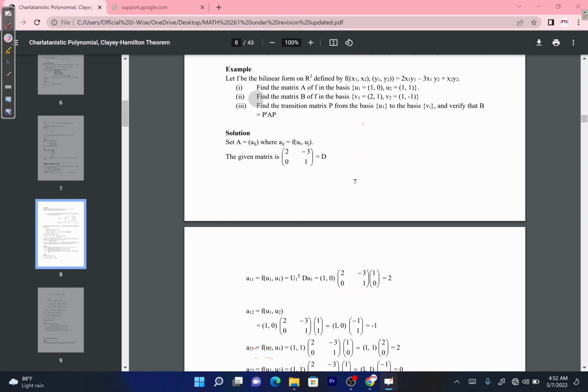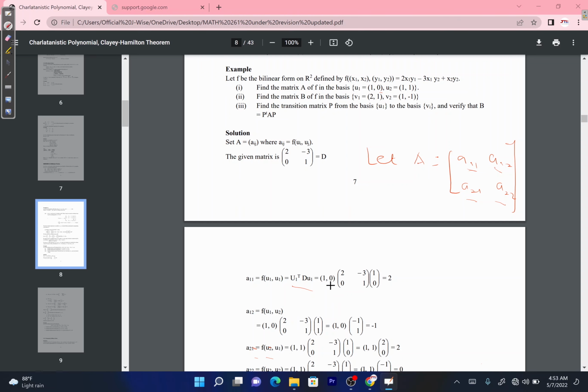Now you form matrix A. You can let A be equal to A11, A12, A21, A22. Then you find the value of each of the elements in matrix A. A11 is given by f of u1 u1, which from the definition is u1 transpose D u1, and we know our u1 to be 1 0.